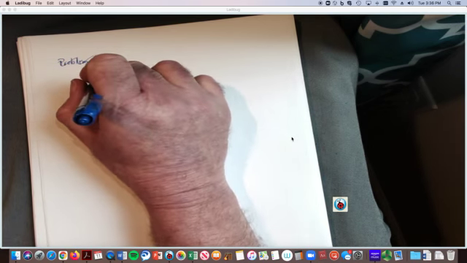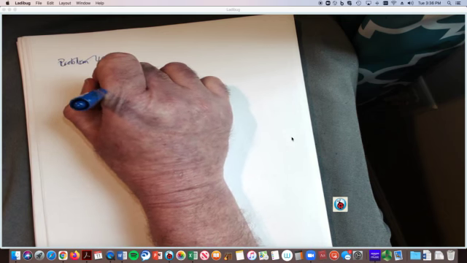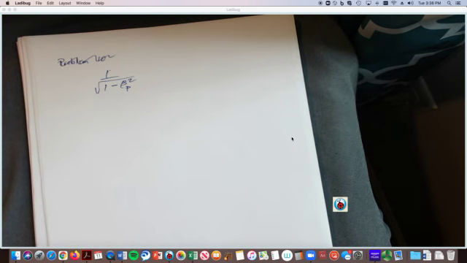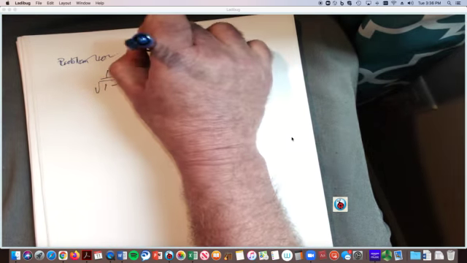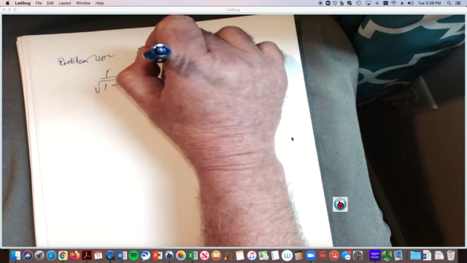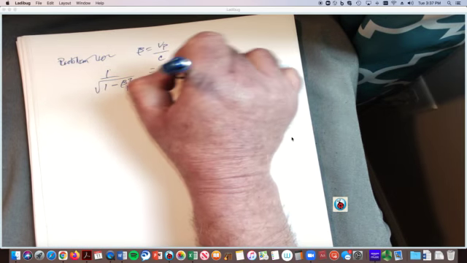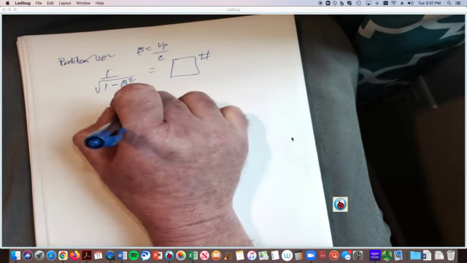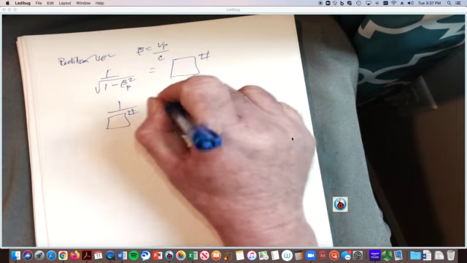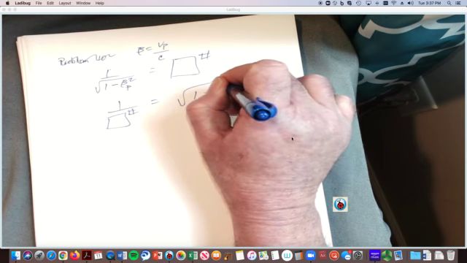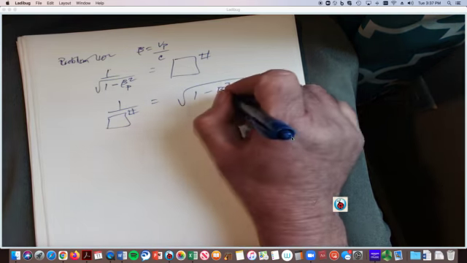So let me write this out. We have 1 over the square root of 1 minus the beta of the proton squared. The beta function, which I like because it's what we used, is equal to v p over c, and that's equal to that number. Now I'm going to take the inverse of that number, and say that is equal to the square root of 1 minus beta squared of the proton.